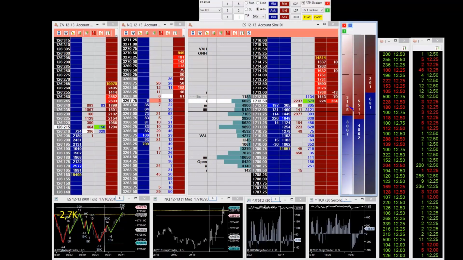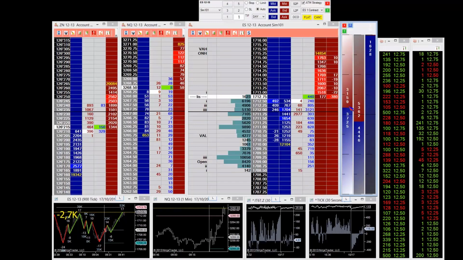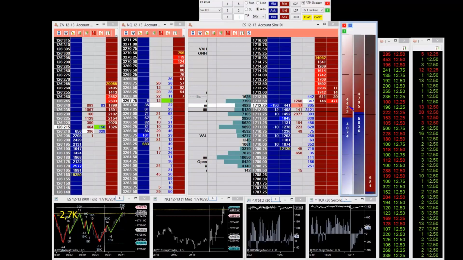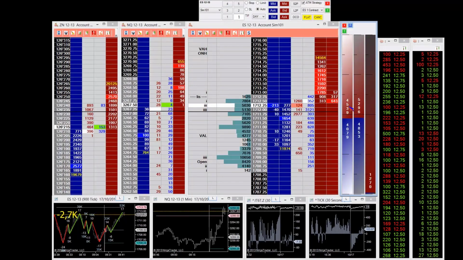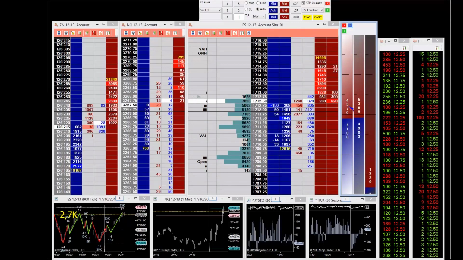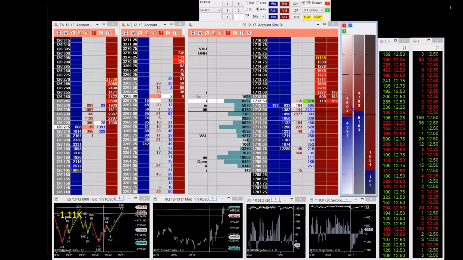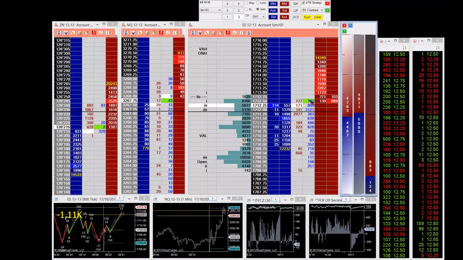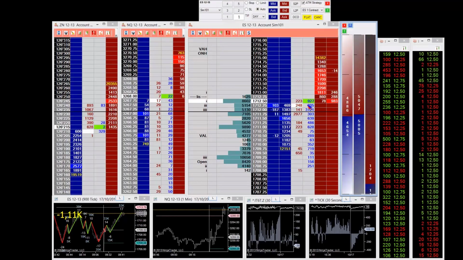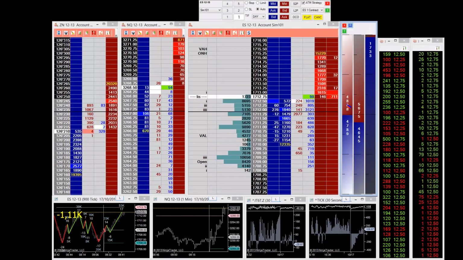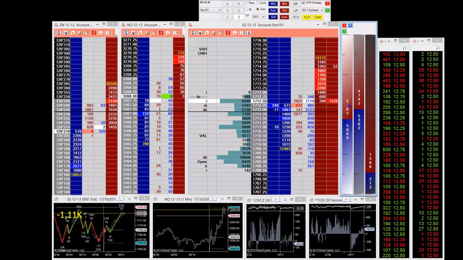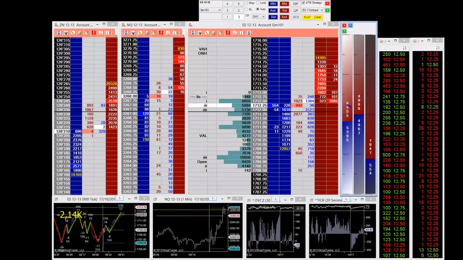Now that size should be accompanied with a moving price. If you have overwhelming volume selling but price isn't moving down, then those sellers are getting trapped. So that's another perspective of order flow. What we're seeing in the center columns on the market depth and what we're seeing on the leftmost strength meter is essentially the same information, just in a different format.